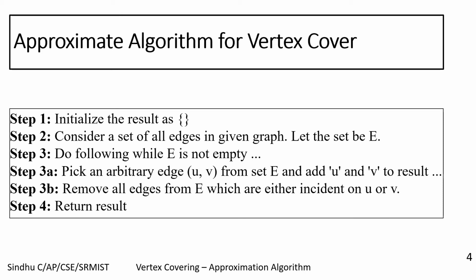Now we have to follow these two steps, 3A and 3B. Pick any edge (u, v) from this set E and add it to the set C. And we remove all the edges from E which are either incident on u or v. So we keep removing them, and finally we finalize the set.